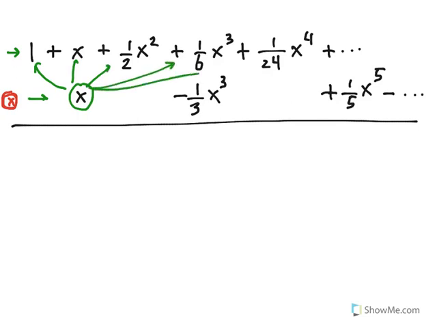Now you can't possibly write everything out because there are infinitely many terms in each series. But remember the instructions for this problem. We just want the first 3 non-zero terms in each of the Maclaurin series in the first example, for e to the x times arctangent of x.